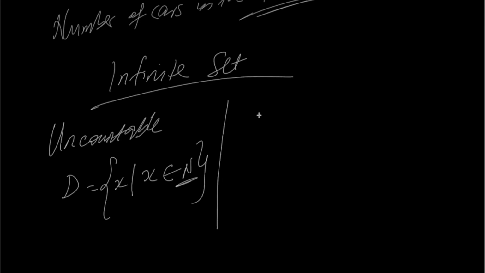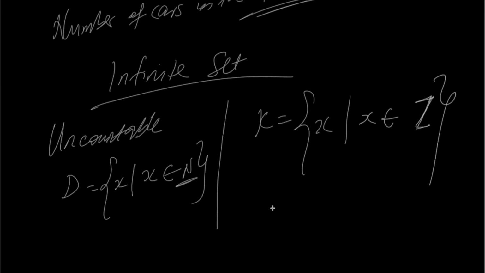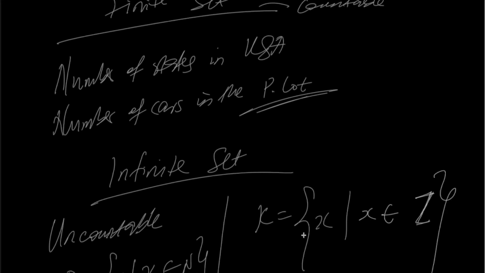So if I write something like this, say K is equal to S, such that S is an element of integers, that is both negative and positive integers. You agree with me, they go from minus infinity to plus infinity. Okay? These are all countable. So you now know the difference between finite and infinite sets.